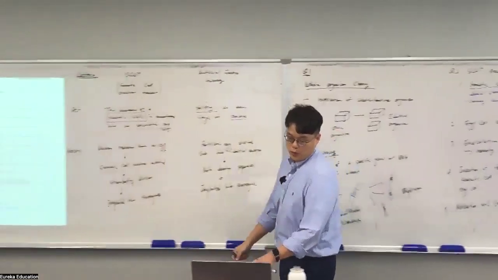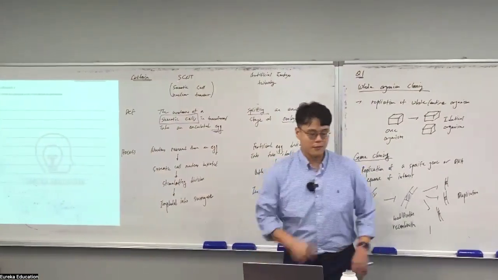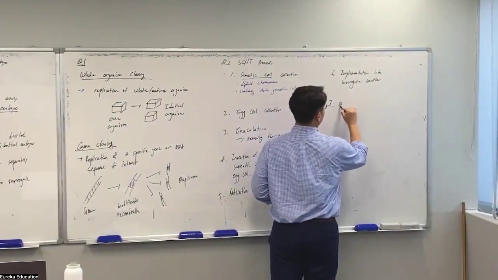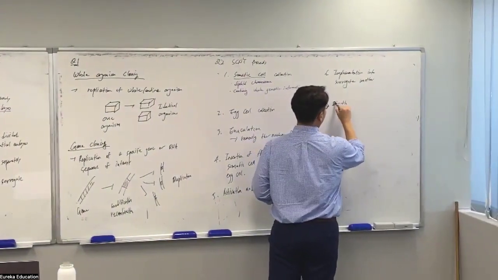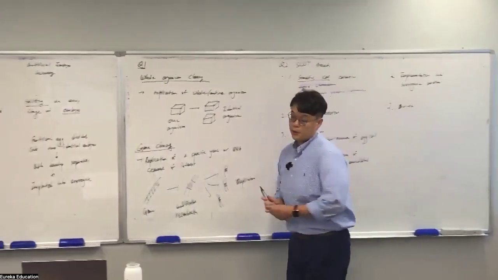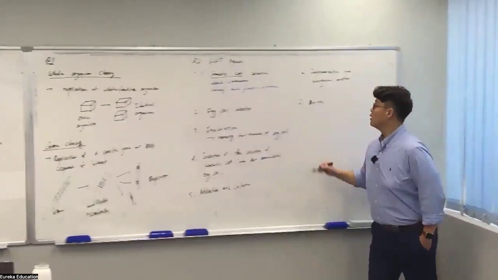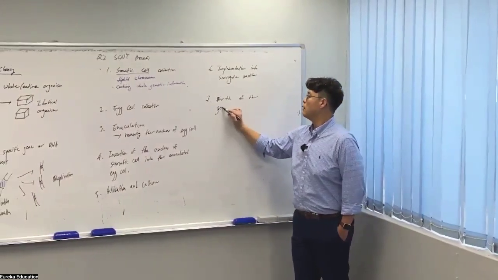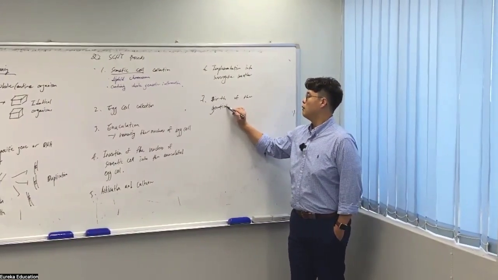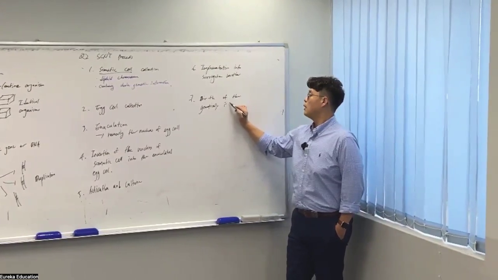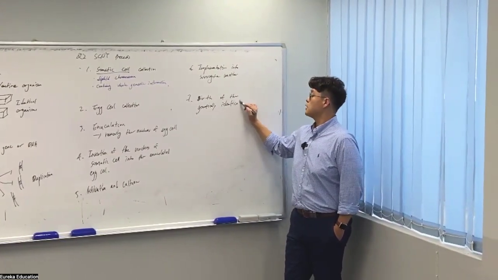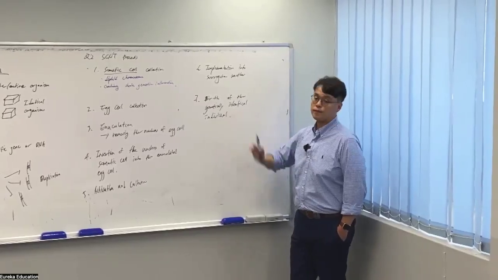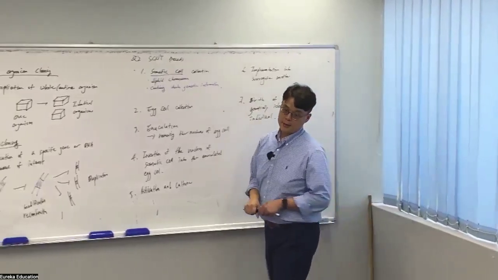And a lot of times this is why I must say implantation and the seventh, of course, the birth of the genetically identical individual is what we can expect from that too.